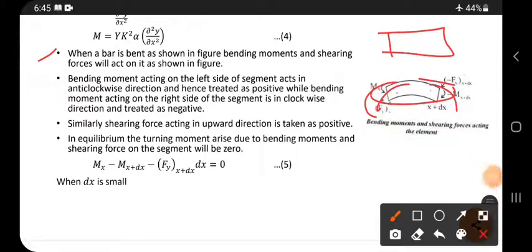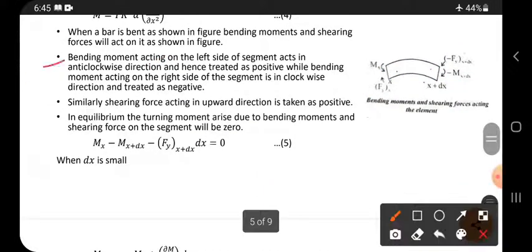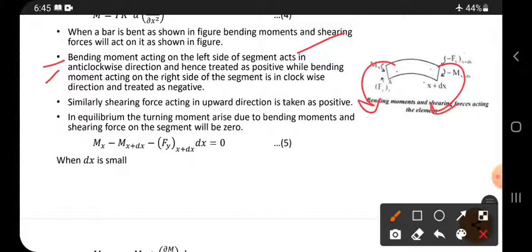Now, the bending moment acting on the left side of the segment acts in the anti-clockwise direction, and on the right side it is clockwise.